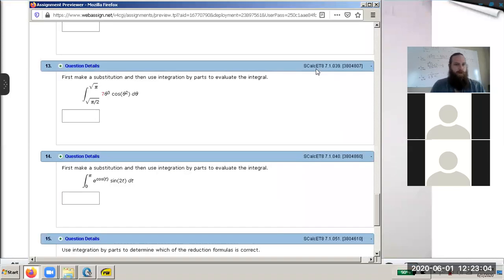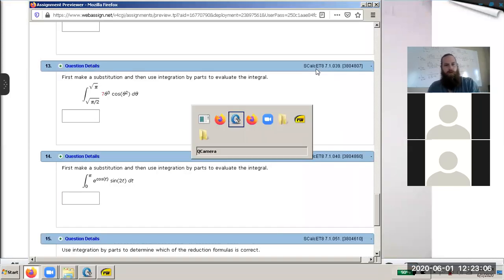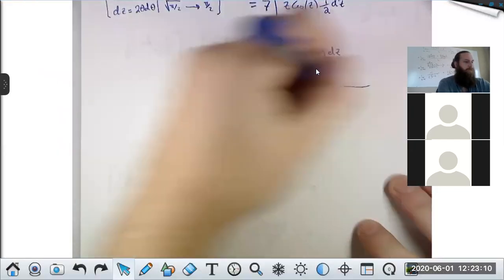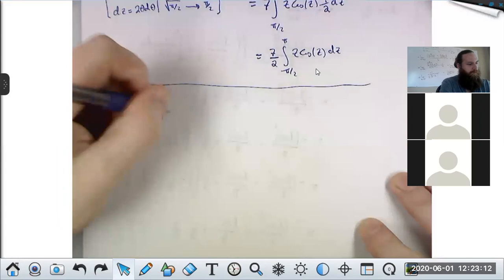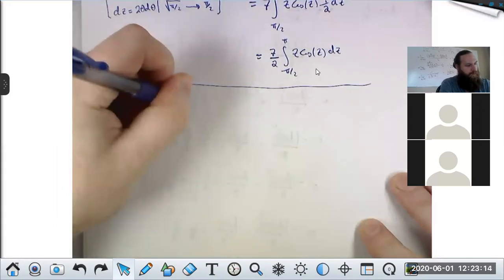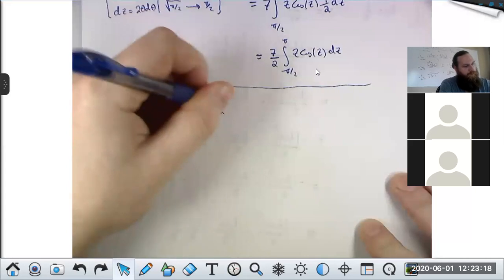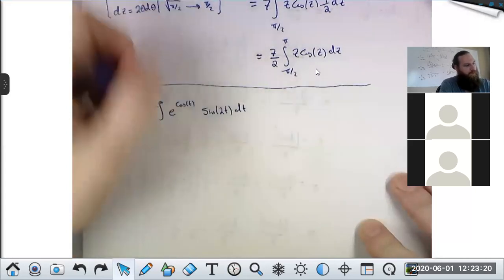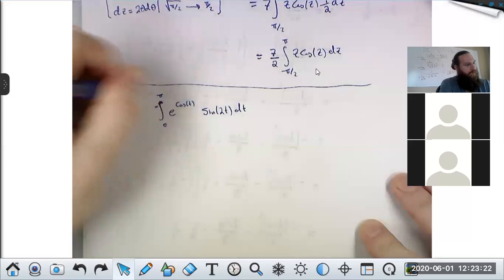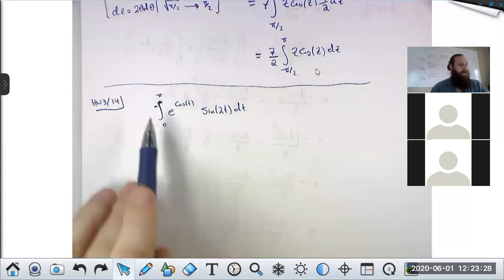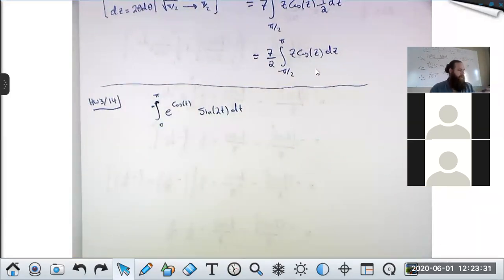So here we've got e to the cos t sine 2t dt from 0 to pi. All right, this isn't a minus sign, it's just a smudge. My pen ran a little bit.